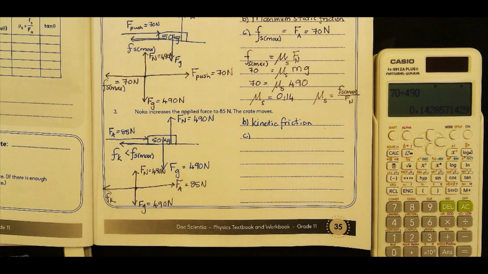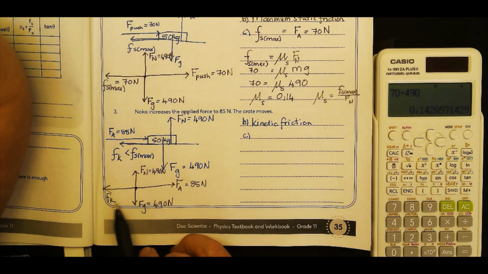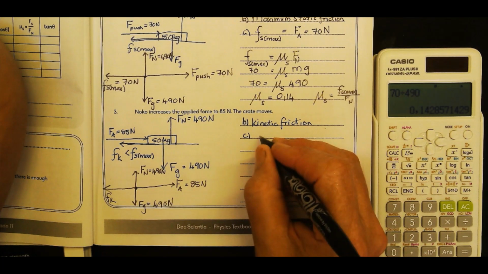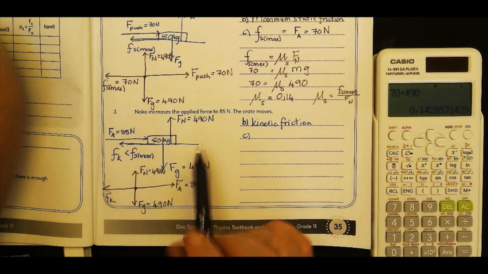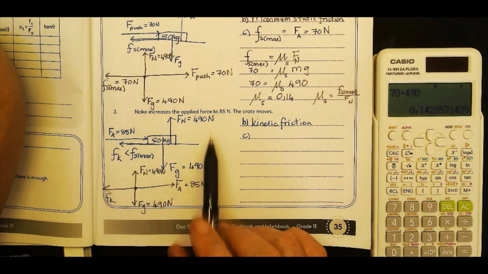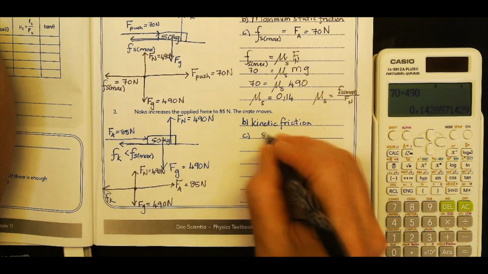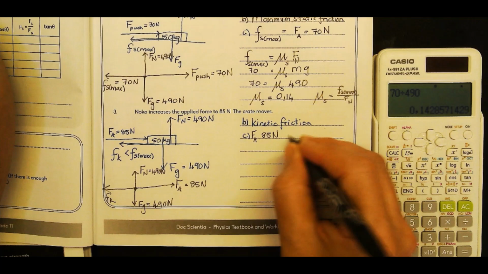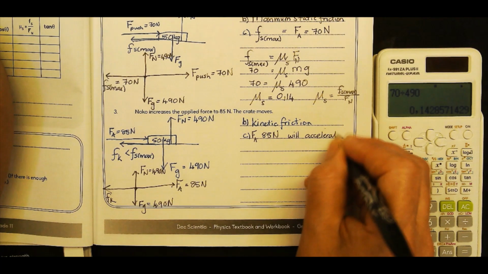So this object will accelerate. If a 70 Newton force will start the motion, then the 85 Newton force applied will accelerate the crate.